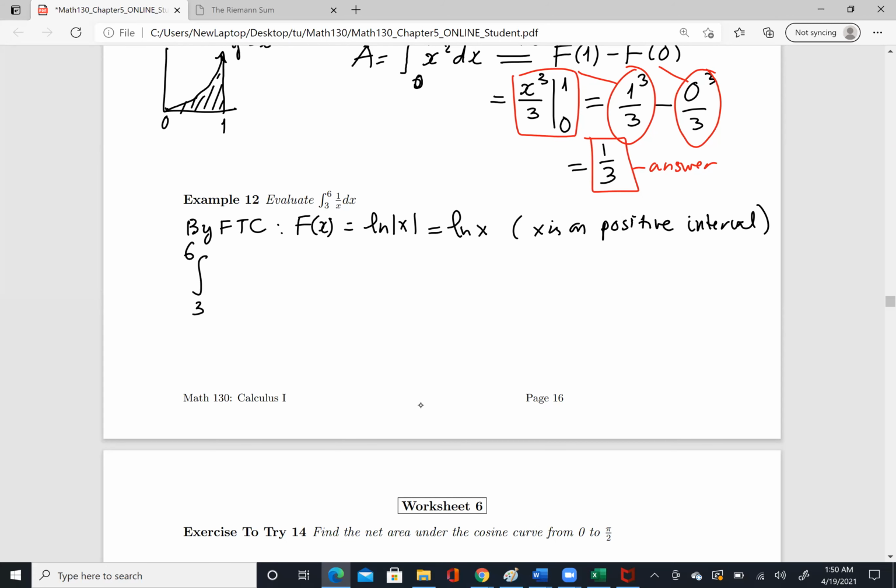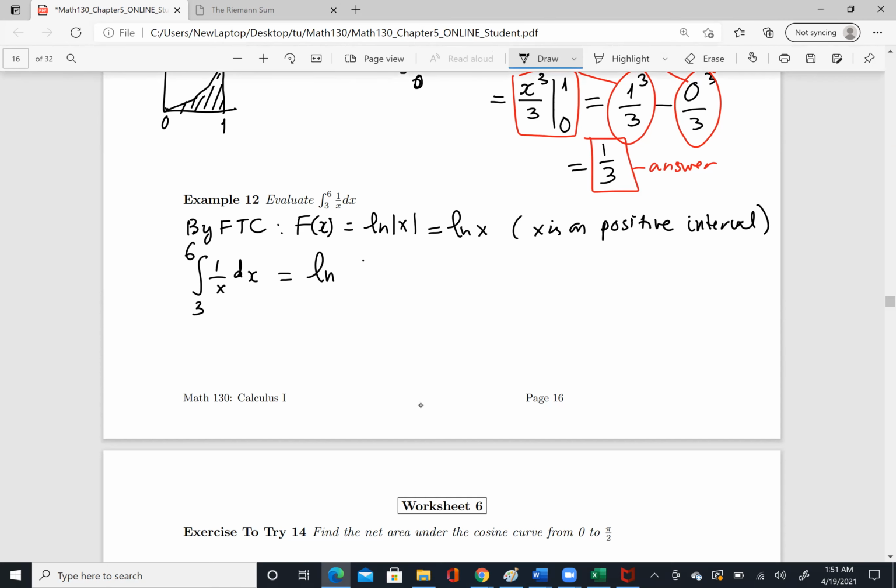So now I have the integral from 3 to 6 of 1 over x dx equal to ln of x from 3 to 6, and that's equal to ln 6 minus ln 3, and that's equal to ln of 6 over 3 by the property of the natural log, and that's equal to ln 2.